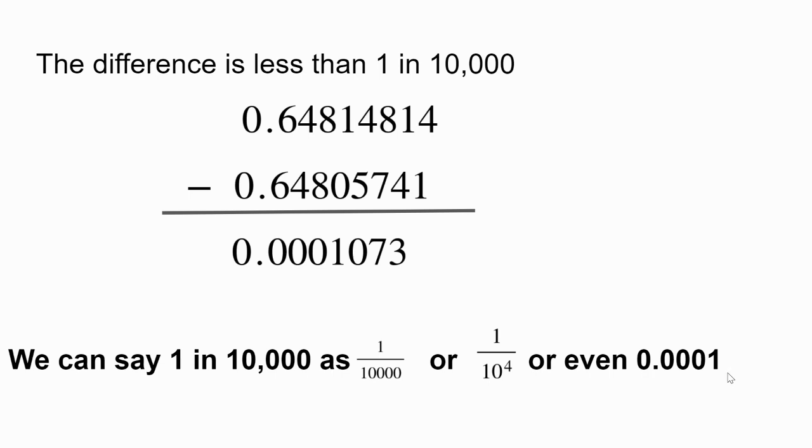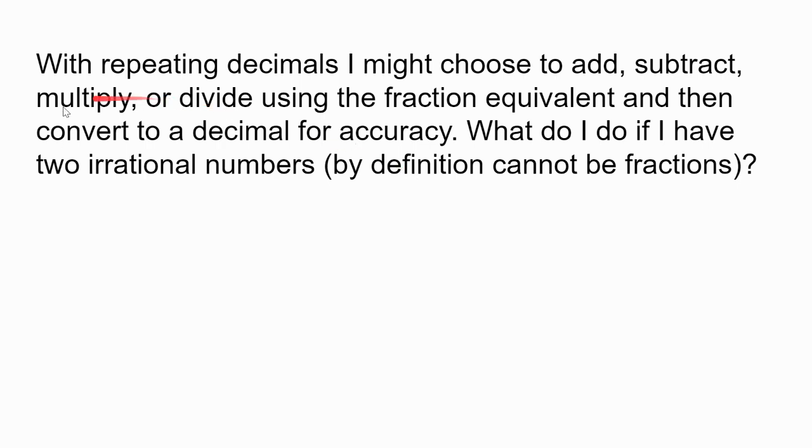If I were building a house and my error on my measurement was 1 in 10,000 inches, that's not a big deal. You know, over long distances and stuff, it can make less and less of a deal. So a lot of times, truncating or shortening the decimals and multiplying is fine, but it's really better just to use the fractions, right?